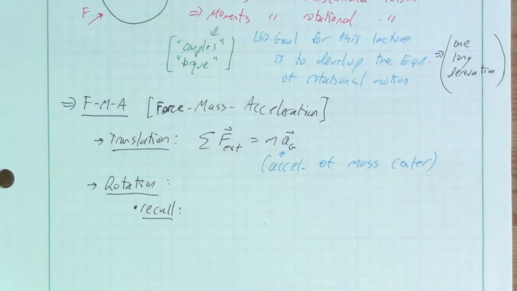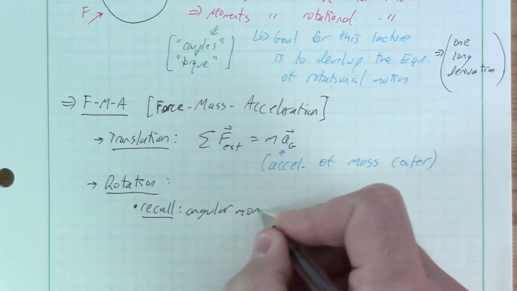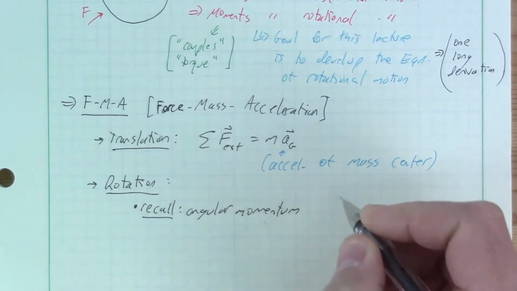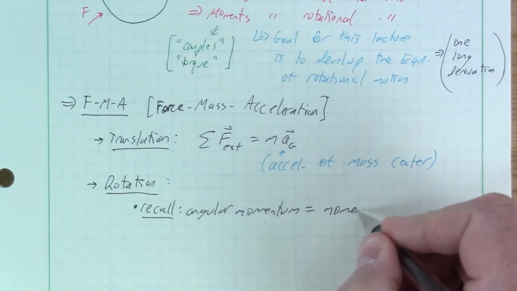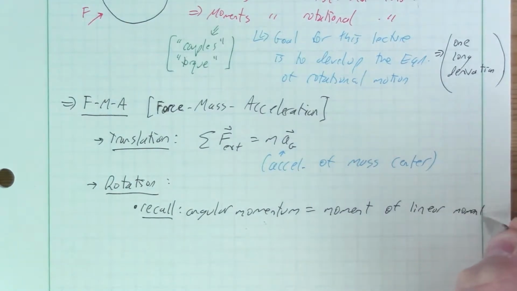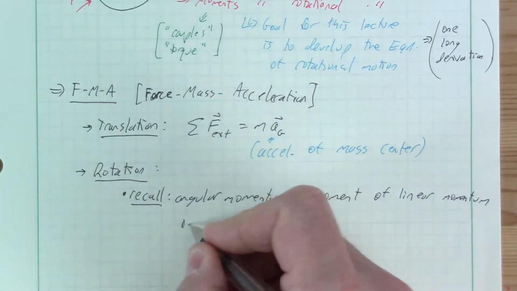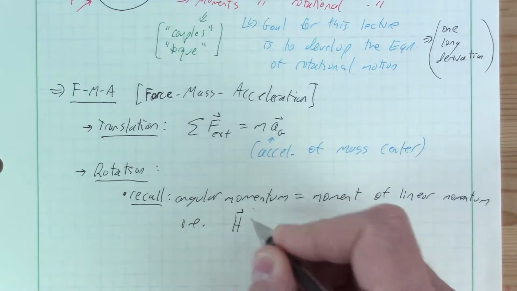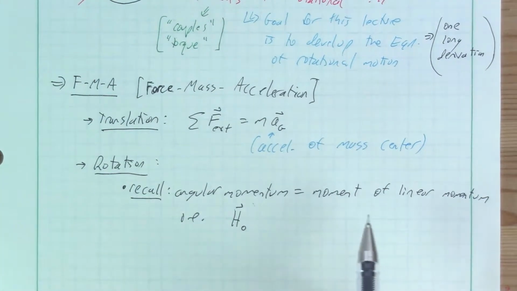Recall that the first time we saw angular aspects was previous to chapter 17 too. Angular momentum is really the definition: it's the moment of linear momentum. We gave it a symbol, h, about point O. We have to take the moment about some point, or at least some axis.